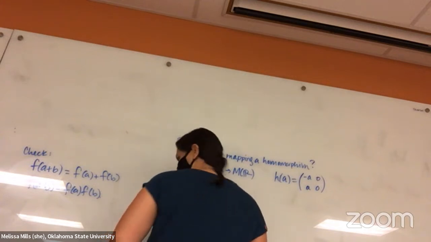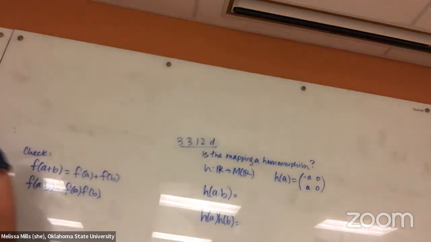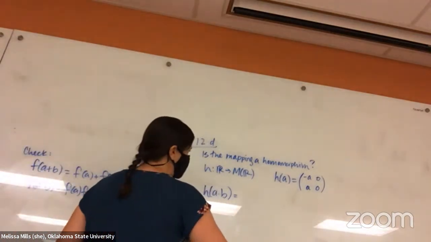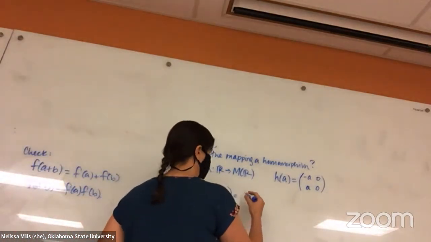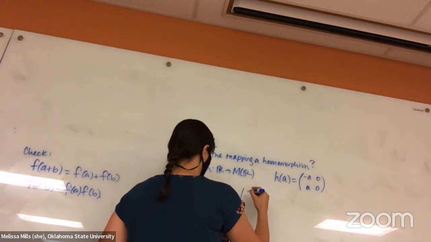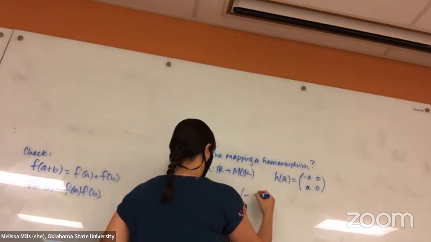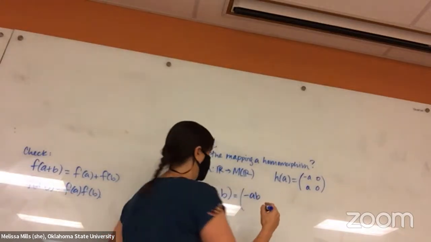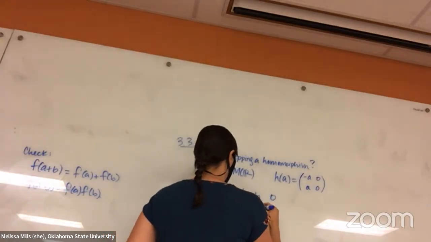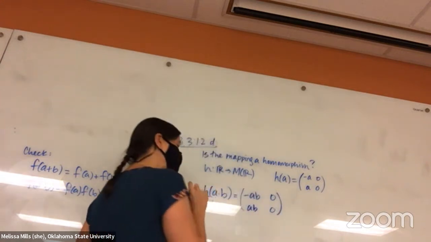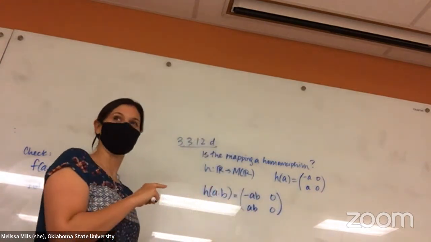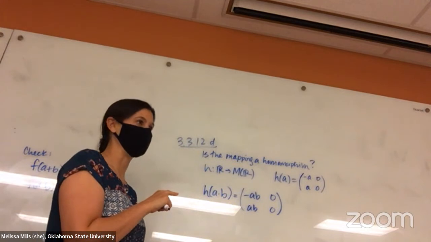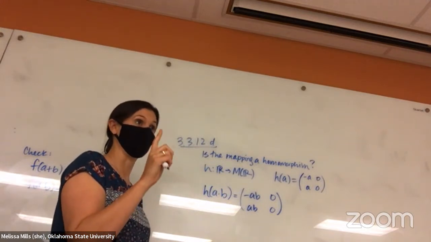We could do it separately, or let's just do this. H of a times b is going to be the matrix negative ab, 0, ab, 0. Seeing that negative makes me unsure this is going to work, because when you multiply a negative by a negative, it makes it positive.